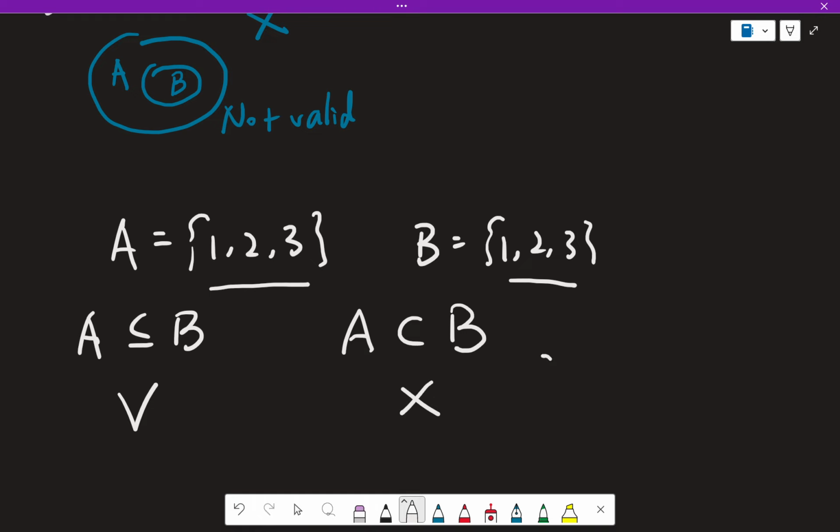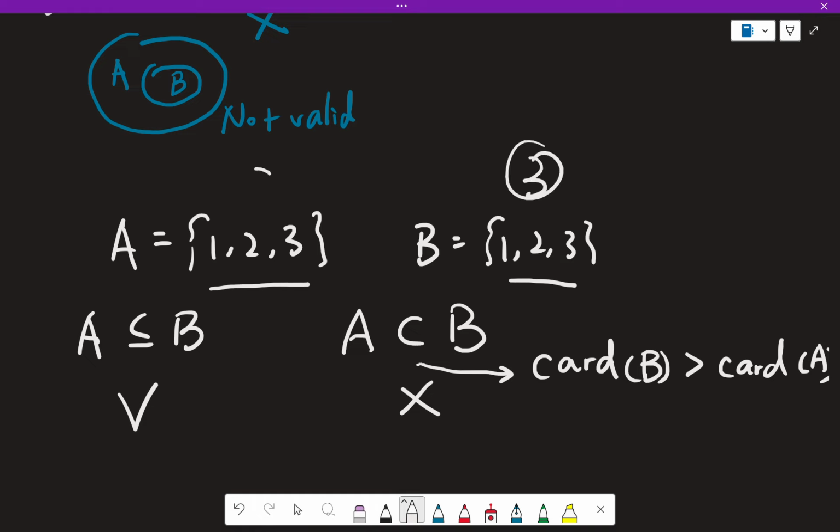The answer is no, because for a proper subset, the cardinality of B must be greater than the cardinality of A. But right here, B has 3 elements, and A also has 3 elements, so they are equal. So A is not a proper subset of B. B does not include any other elements except exactly the same elements contained in set A.